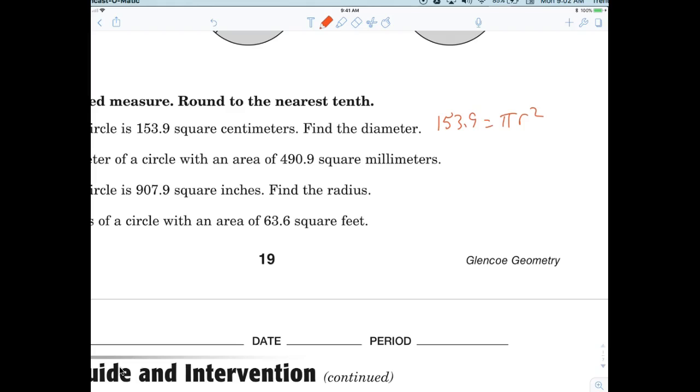And what does that come out to be? 48.987. So the radius is probably what? The radius is 7. And so if the radius is 7, the diameter would be 14. All right. Any questions or concerns?